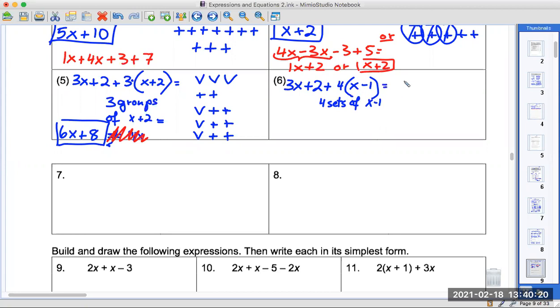Okay, so let's count. 3x plus 2, x minus 1, 4 of them. 1, 2, 3, 4. So now we got 1, 2, 3, 4, 5, 6, 7. 7, we change it back to x. 1, 2, these go away. Minus 2.